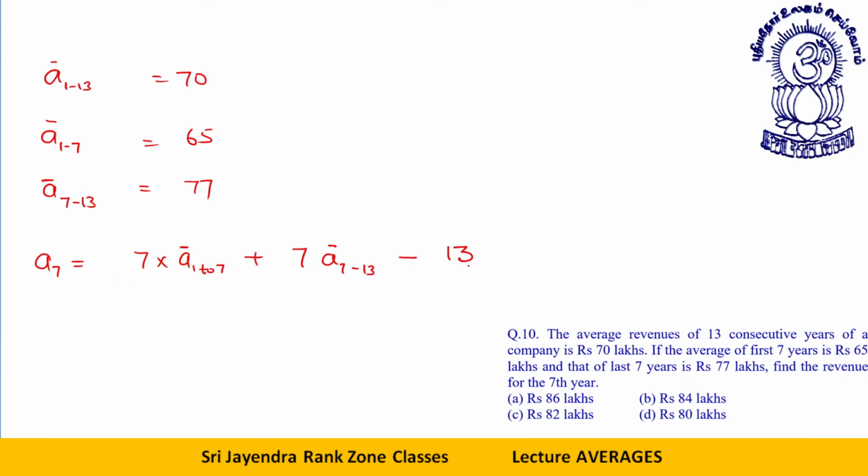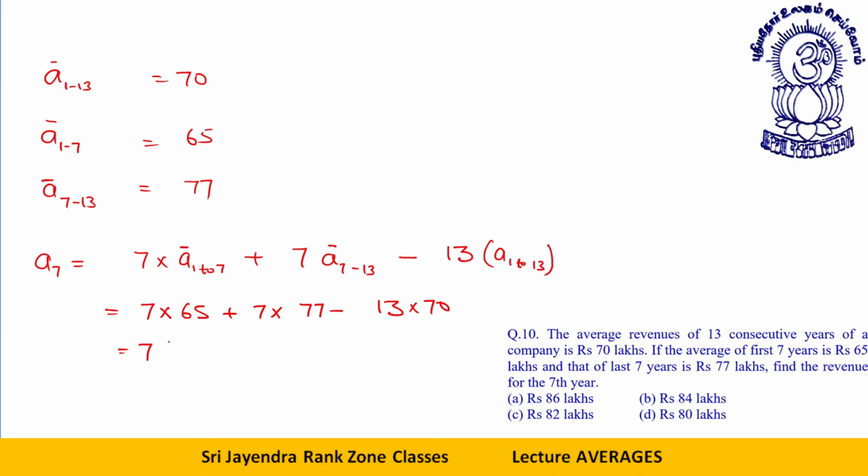Out of 14 values, you remove the 13 values, you get the middle value, the seventh value. So you get 7 into 65 plus 7 into 77 minus 13 into 70.